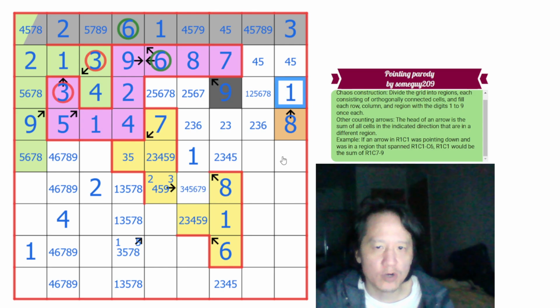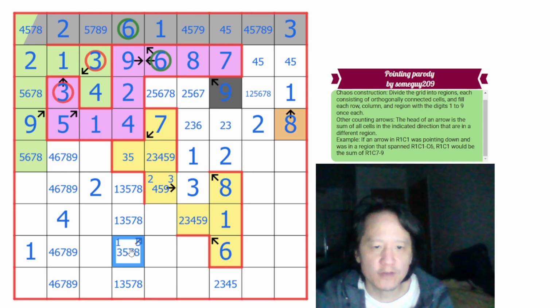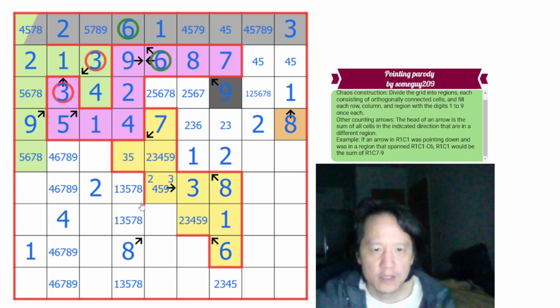So this is 1, this is 2, this is 2, and this is 3. Therefore, these two must be the same, because this is the minimum. Therefore, this is 8. These two must be the same, which means this must be yellow. Otherwise, it doesn't connect orthogonally. Therefore, this is yellow, which forces this to be 5.